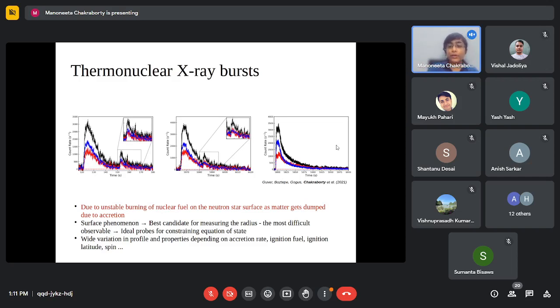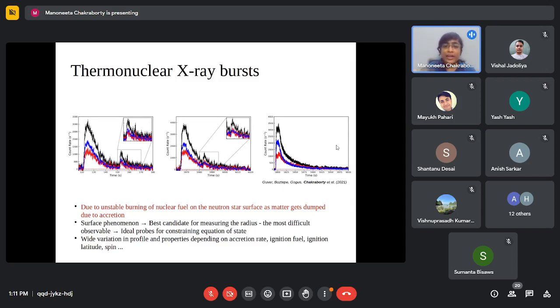What happens is that a neutron star has a surface, and they accrete matter from their companion star in these binary systems. And as matter gets dumped more on the surface of the neutron star, it kind of builds up a column. And if the accretion rate is favorable enough, the temperature and pressure at the base of this accumulated column becomes so high that it reaches conditions to trigger thermonuclear fusion.